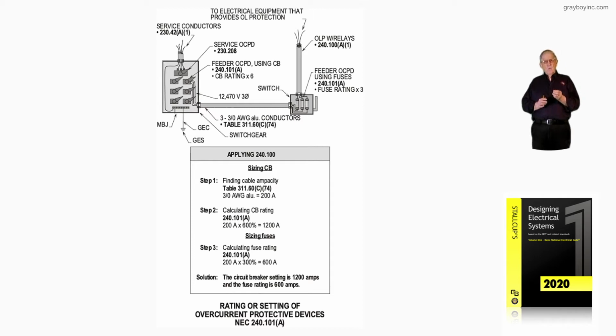But if you're over 1,000 volts with your electrical system, then 450.3(A) would send the user, where transformers are involved, to 240.100 and 240.101, depending on are we using circuit breakers, fuses, relay systems? What are we using for protection?